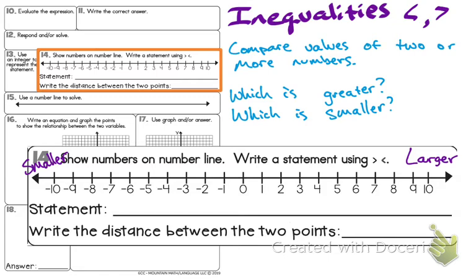That is because our positive numbers go to the right, our negative numbers go to the left, and 0 goes right in the middle. As long as we've set up our number line that way, the larger number will always be to the right-hand side, and the smaller number will always be to the left-hand side.